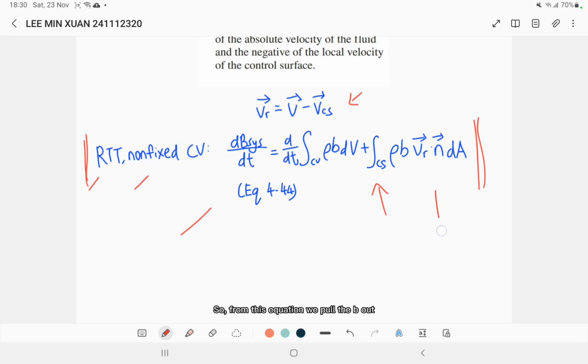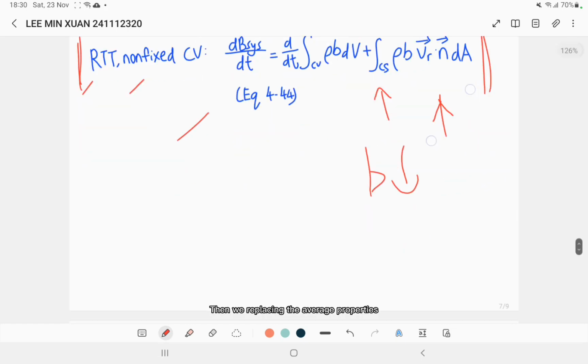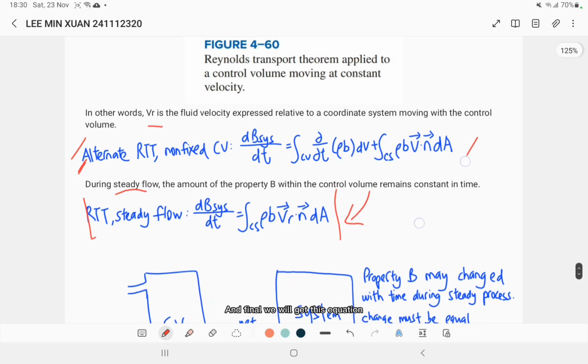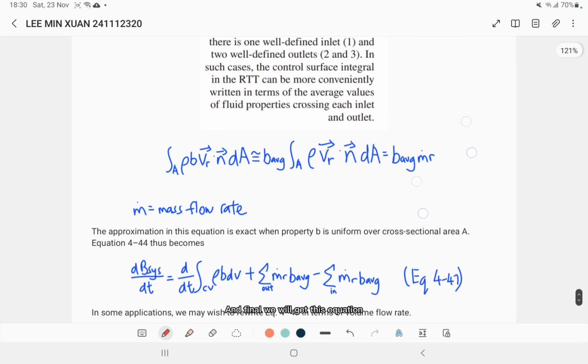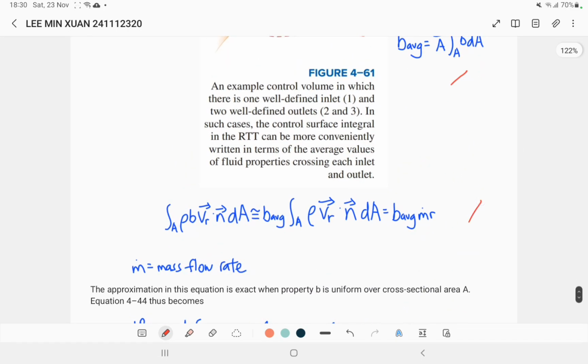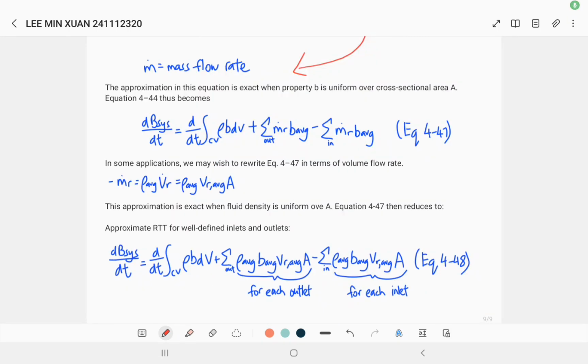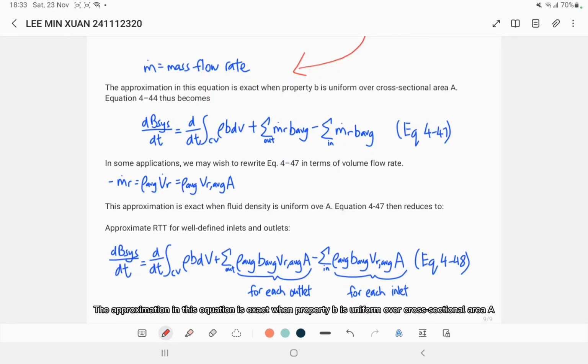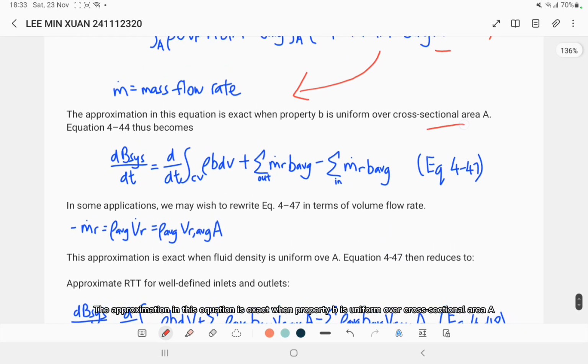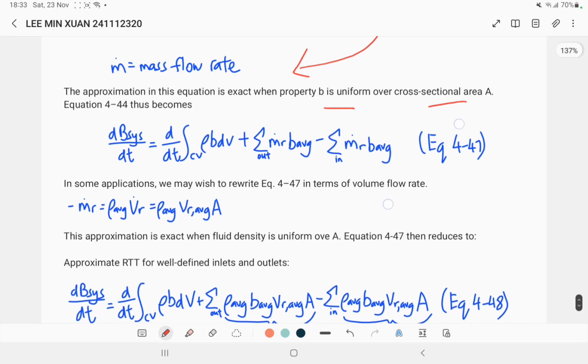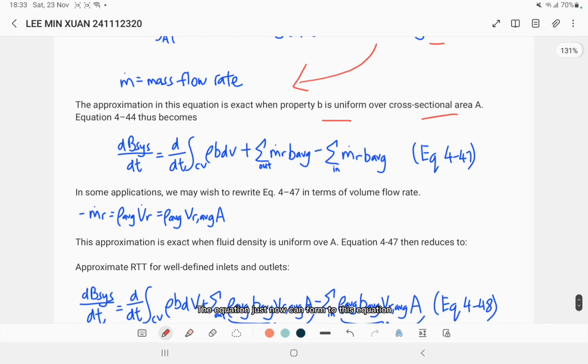So, from these equations, we pull the B out, then we replace the average properties, and finally, we will get these equations. And m-dot stands for the mass flow rate. The approximation in these equations is exact when property B is uniform over the cross-sectional area. So the equation just now can be rewritten as these equations.